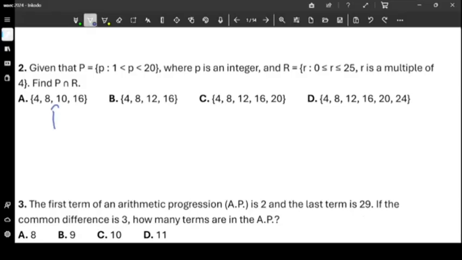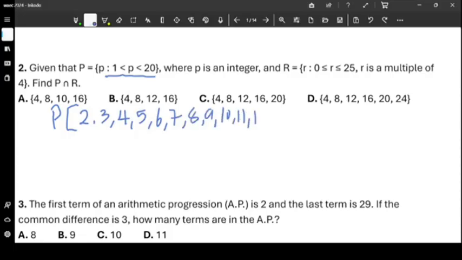So for the set P, we are told that it is all the numbers between 1 and 20. So for this set of P, we have 2, 3, 4, 5, 6, 7, 8, 9, 10, 11, 12, 13, 14, 15, 16, 17, 18, and 19. So these are all the numbers or elements in the set of P. All right.